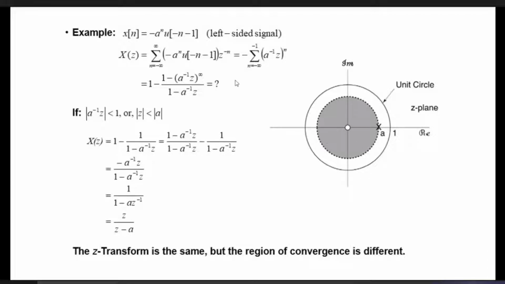So an anti-causal sequence in the Z domain has its ROC inside a circle of some radius a, and in a causal sequence the ROC is outside the circle of radius a.